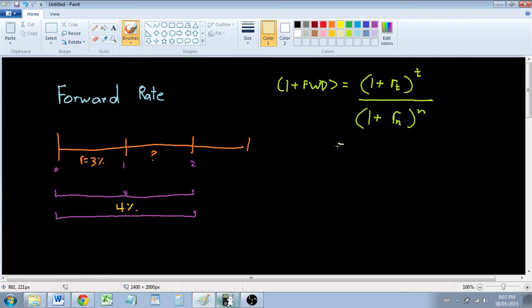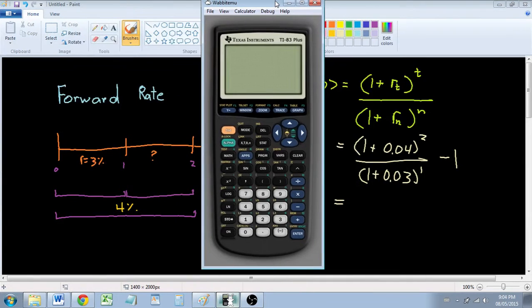So let's plug in the numbers and let's see what we get. So this is going to be equal to 1 plus 0.04, and that's going to be for 2 years in our case. And then this is going to be for 1 plus 0.03, but only for 1 year. And what do we get? Well, let's bring out a calculator.